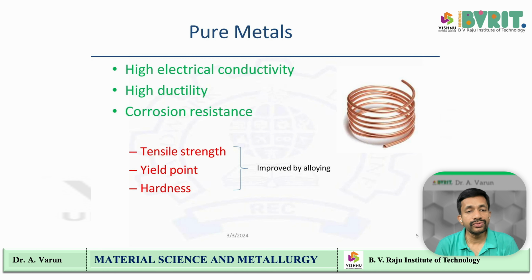Pure metals have limited properties because there is only one element. That element may be good in, maybe, electrical conductivity, ductility, or corrosion resistance, but it has one or maybe two independent properties which cannot be improved or enhanced because it is a pure metal made of only a single entity.